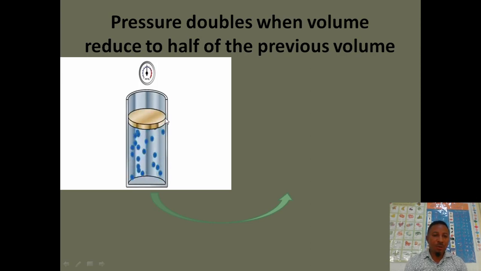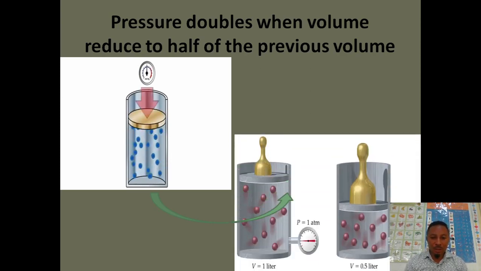How about when you decrease the volume, when you make the volume half the volume it was before? What will happen to the pressure? Now look at it. When you make the volume half of what it used to be, the pressure will increase, but we don't know how much.